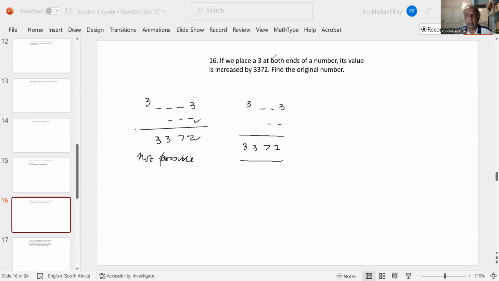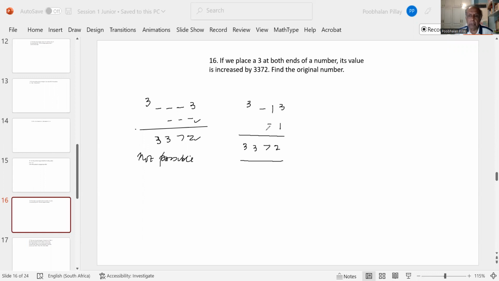The only thing that can go there is 1. So this has to be 1. And therefore this number here is also 1, because it's the same number.